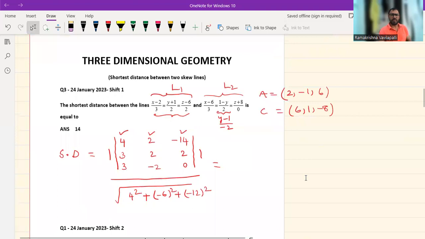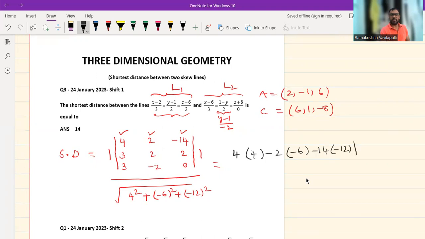So here, now simply you can write 4 into 4, minus 2 times of minus 6, minus 14 of minus 12, and modulus by root over 16 plus 36 plus 144.